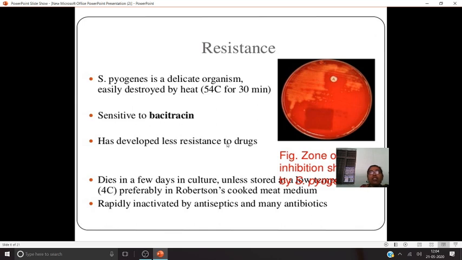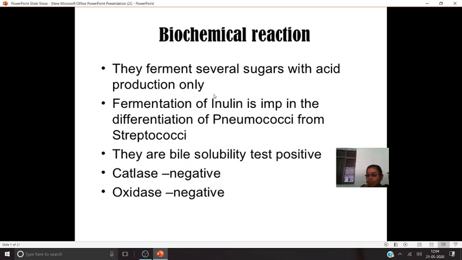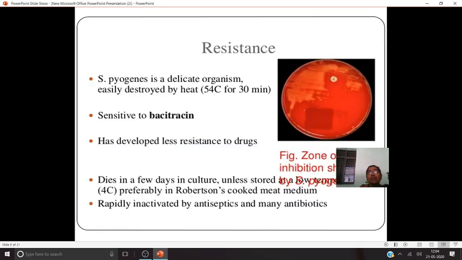Next, resistance of the pneumococcus. Pneumococci are very delicate organisms and easily destroyed by heat, at 54 degrees centigrade for 30 minutes.